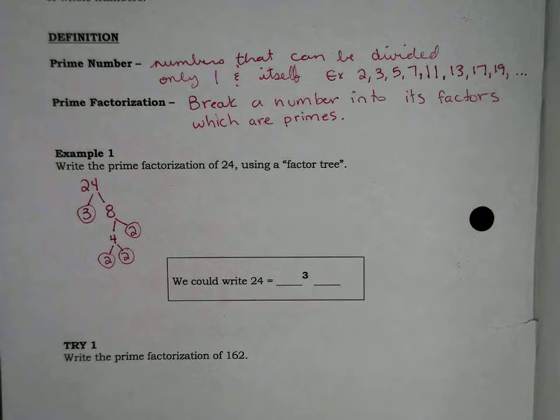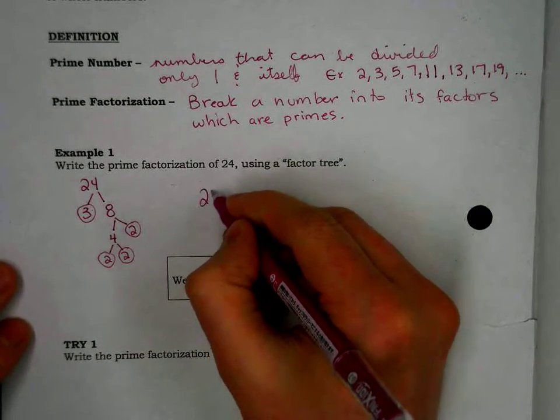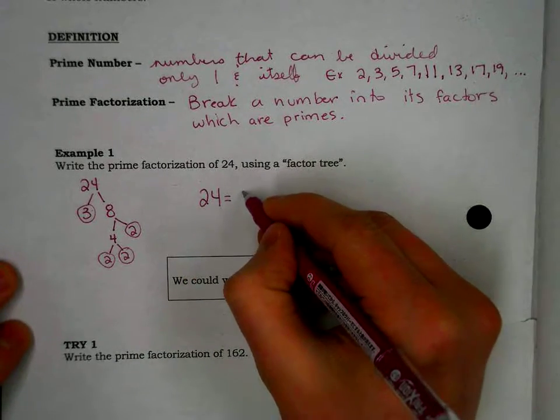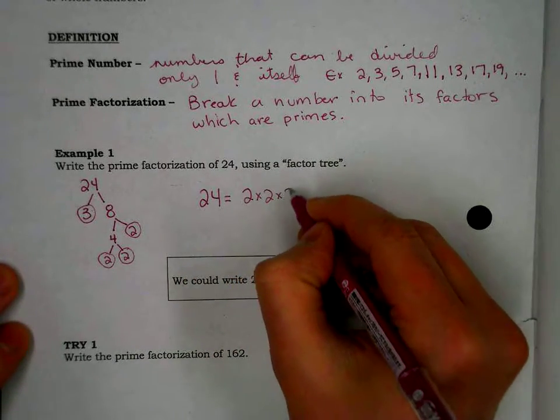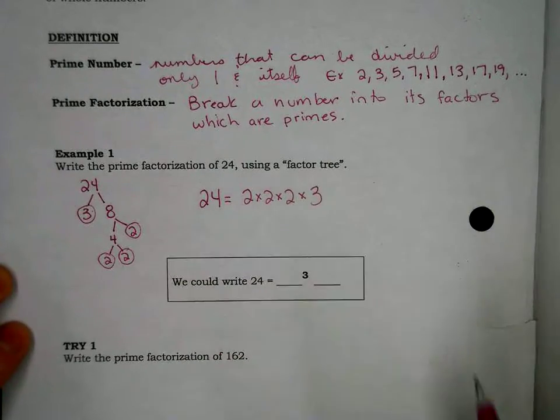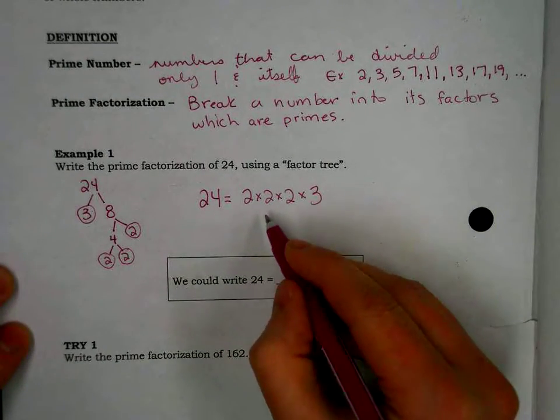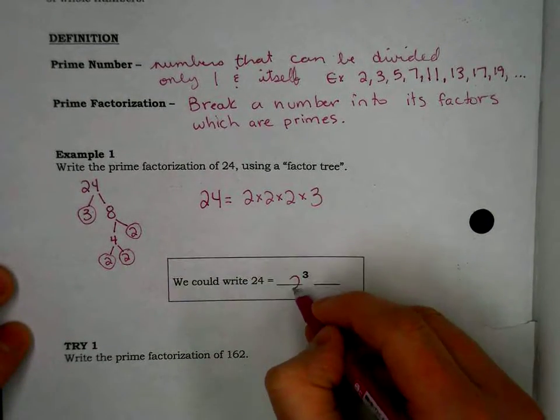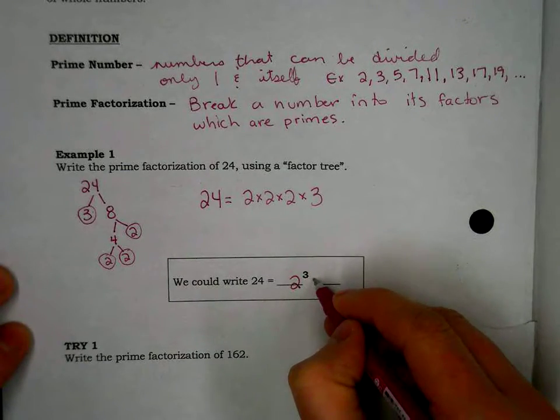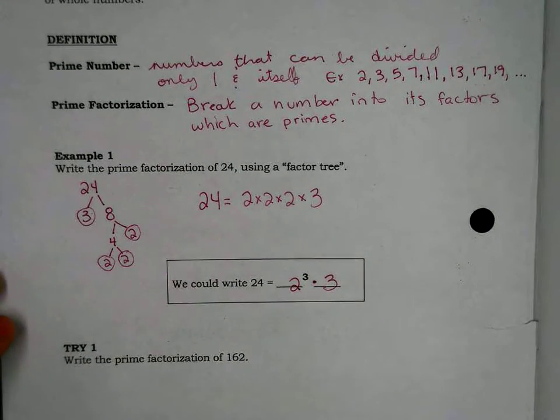So this is a prime breakdown of the number 24. So we could say that the number 24 is a creation of 2 times 2 times 2 times 3, or we could even say 2 cubed times 3. And this is what makes 24, and this is the only way to break down the number 24 into all of its parts.